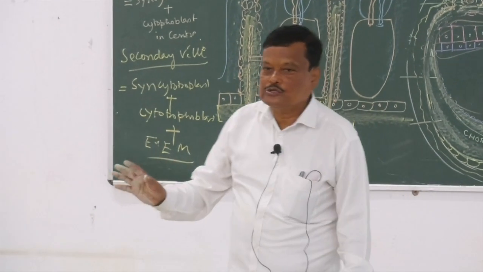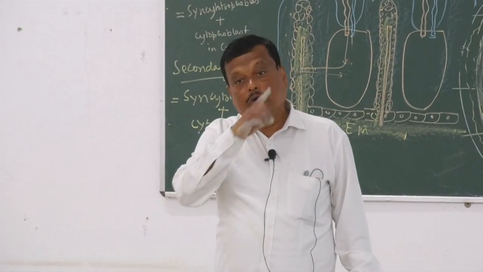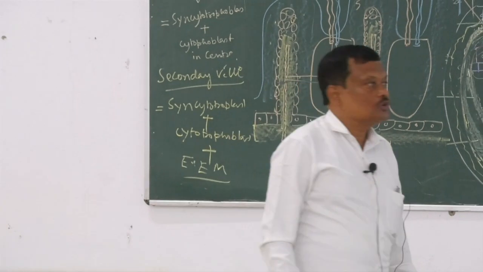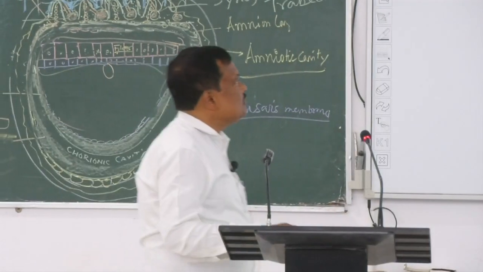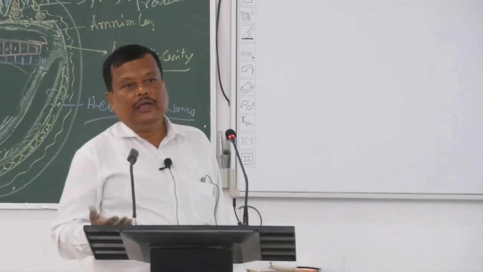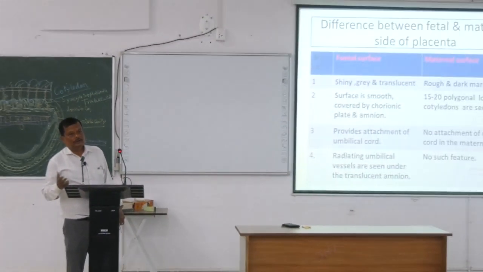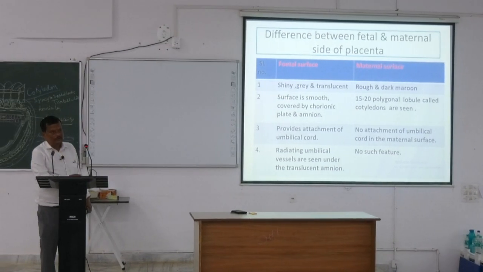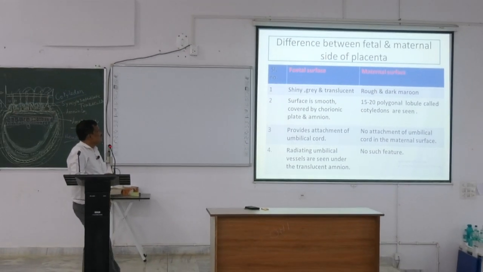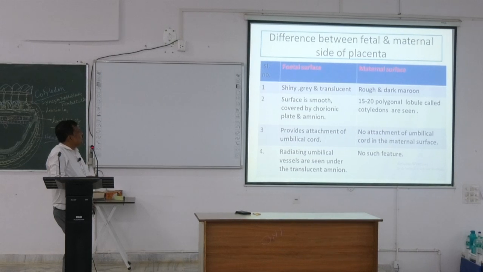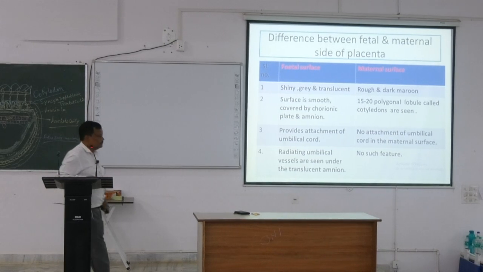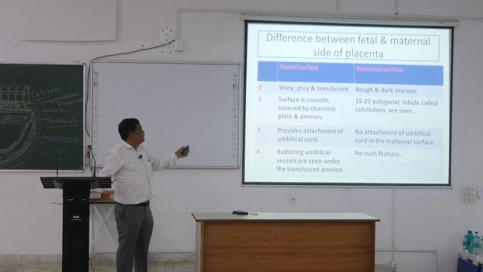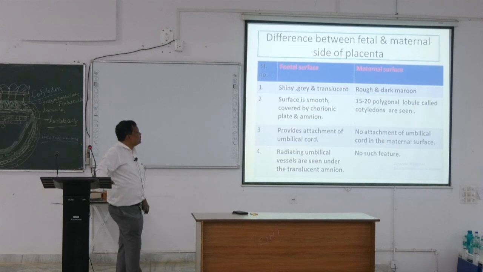First, the fetal surface is shiny, gray and translucent; the maternal surface is rough and dark, as you see in the picture. The surface is smooth, covered by the chorionic plate and amnion. 15 to 20 polygonal lobes or cotyledons are seen. It provides attachment of the umbilical cord.